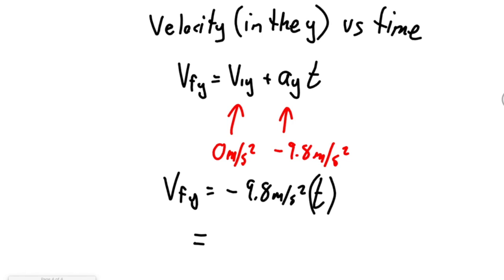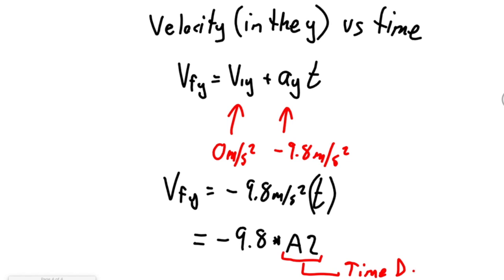When we plug it in on the computer, it will be negative 9.8 times our A2, because this will be our time column, our time data, which again we're just generating for the entire fall.